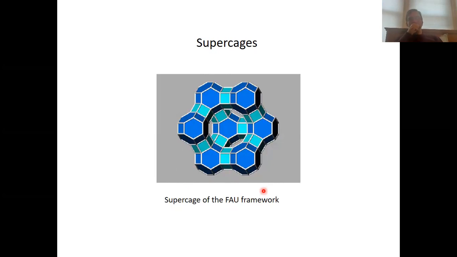In this case, we have multiple beta cages fused together to form these even larger pores, whereby these beta cages are indicated by these light blue hexagons here.